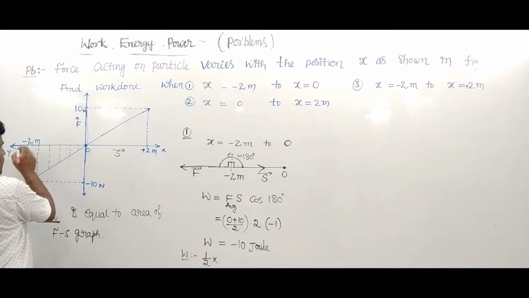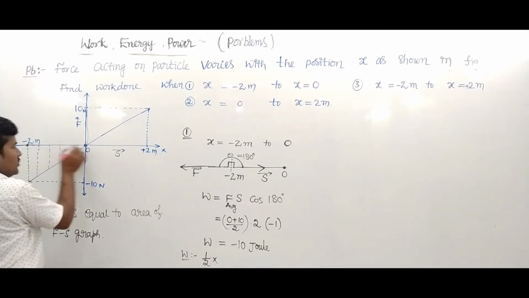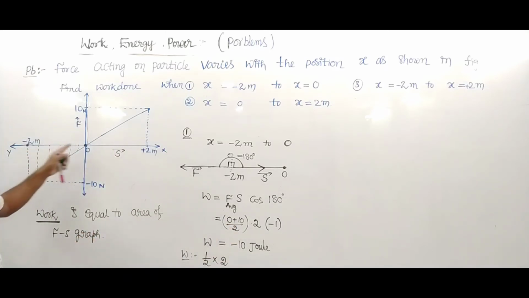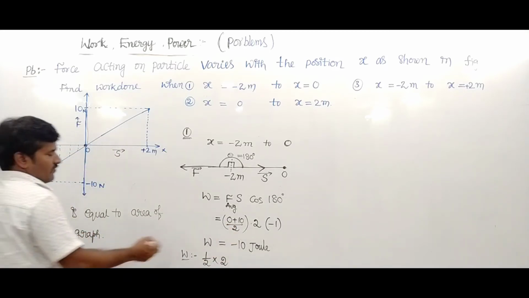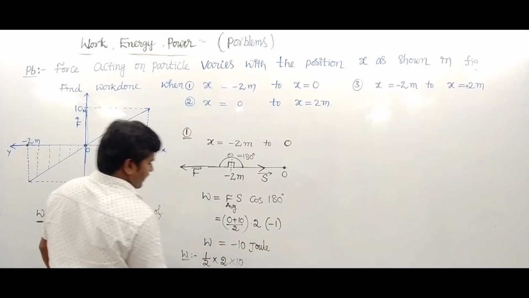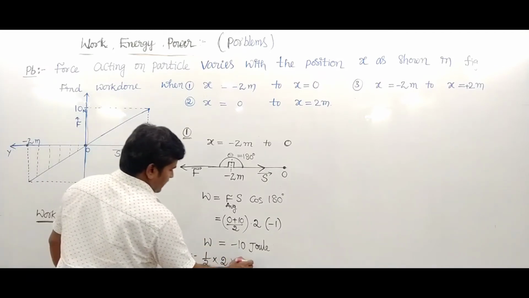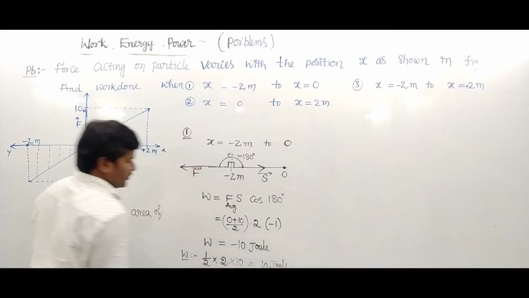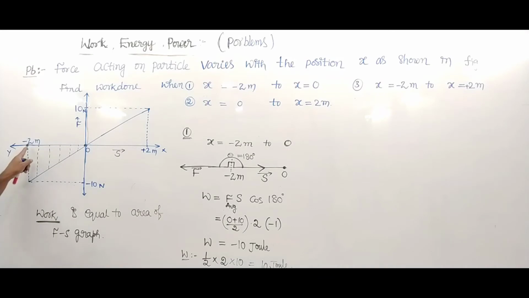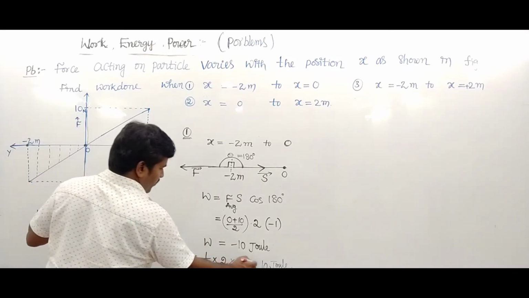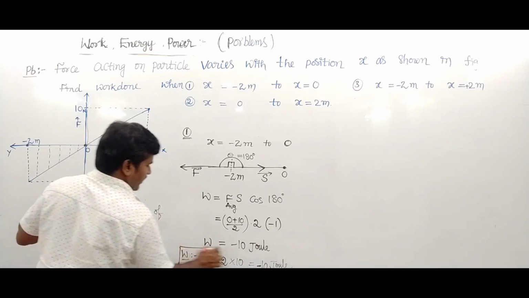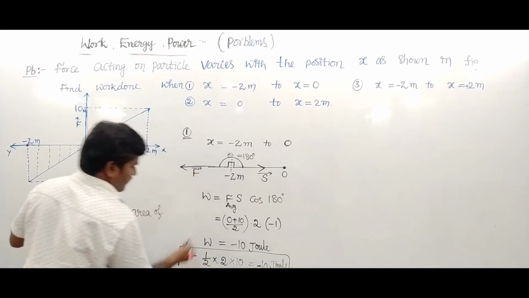Base is given, it is 2, the displacement, and here force is given, that is 10. So half into 2 into 10 is 10 joule in magnitude. But here the force is acting opposite, that means minus 10. So work done equals minus 10 joule.